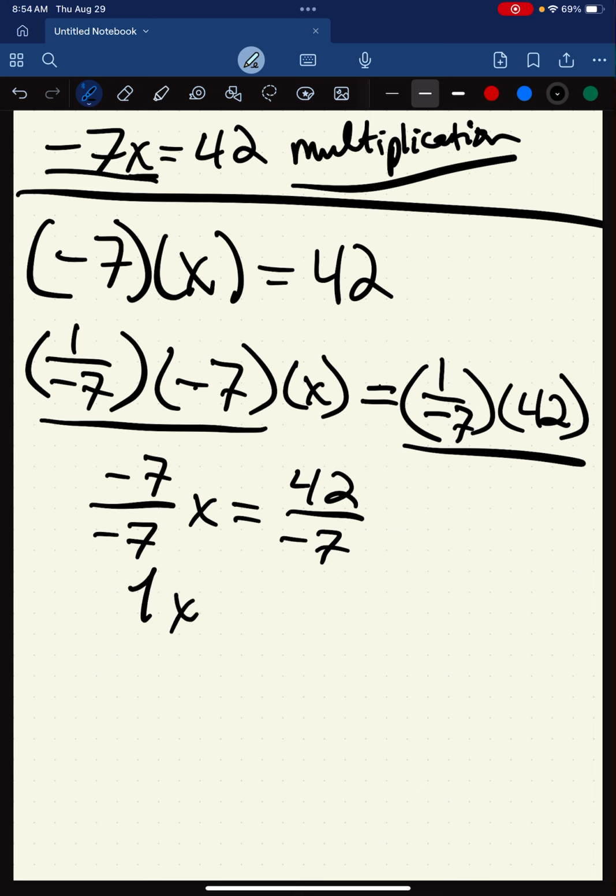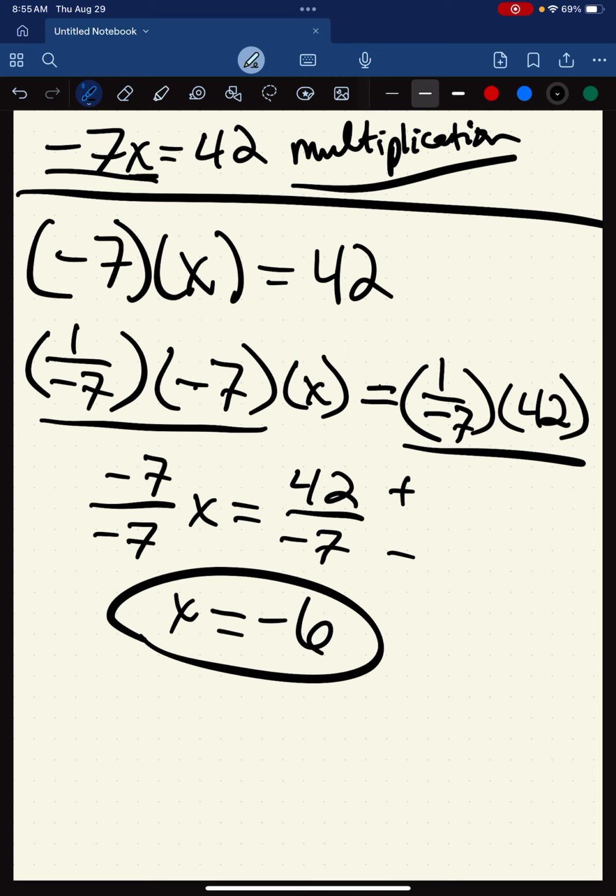This is just going to be 1x, which is just going to be x, right? 42 divided by negative 7, well, we have 42 divided by 7, which is 6. But we have a positive divided by a negative. If you recall from previously, a positive divided by a negative is a negative. So we have x is negative 6.